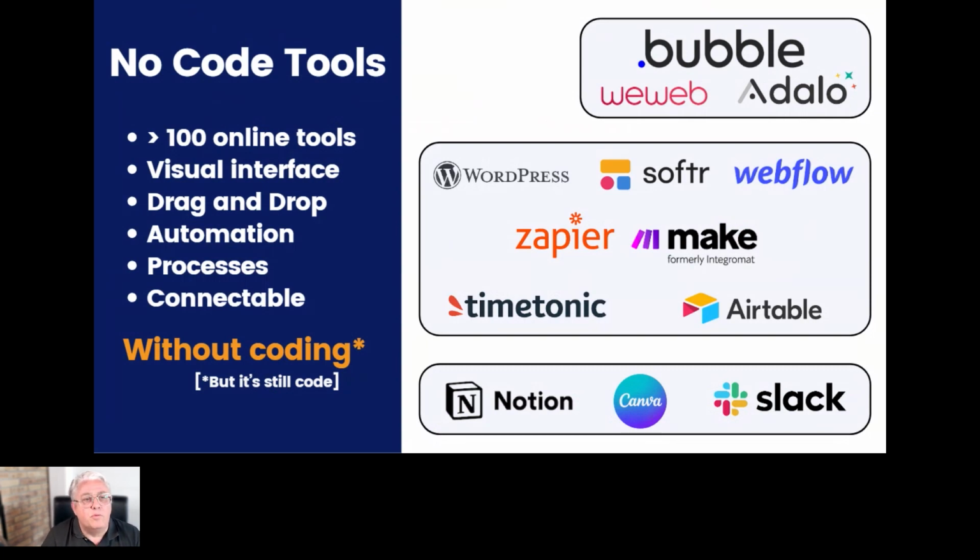In the meantime, probably you saw the different points I also wrote on the left. Those tools are drag and drop, visual, connectable, so you can connect to almost the whole world of solutions, AI, other tools, and bring them together for new solutions you couldn't imagine before. And as I said, it's without coding, but it's still code. In the background, it's code, and it's something very strong and interesting.